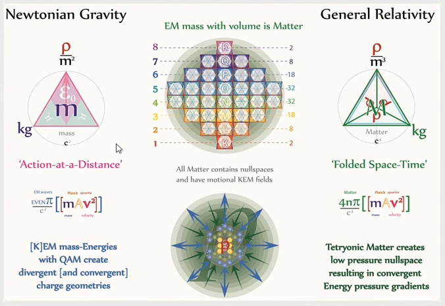One of the things that comes up as a common term in general relativity is folded space-time or curved space-time. Space-time itself has to be redefined, as was done in the previous lecture, with respect to the energy density of a region, or the vacuum energy density of a region.